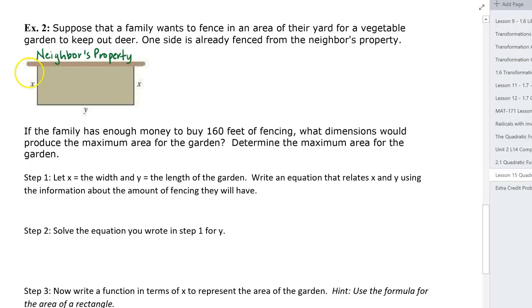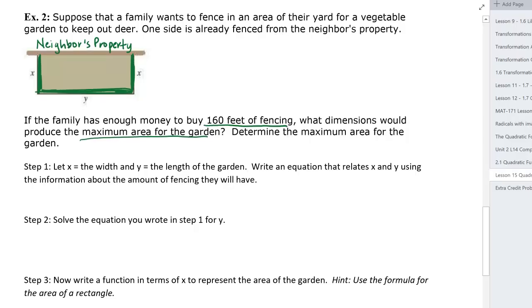So they're only going to have to buy fencing for this side, and this side. So if the family has enough money to buy 160 feet of fencing, what dimensions would produce the maximum area for the garden? Determine the maximum area for the garden.